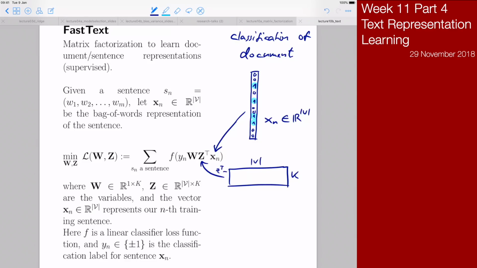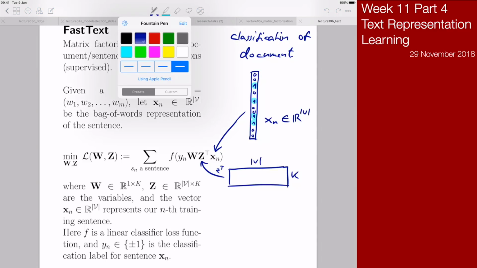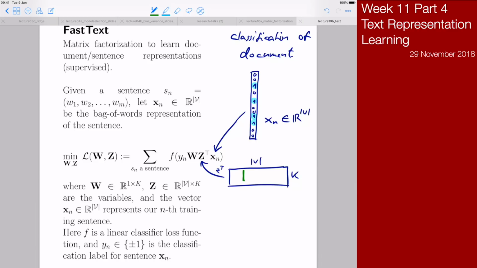So this is Z transpose. And what it does is collect the word vectors. So the 4 vectors which actually appear in my document, if I multiply them with my x, then it's just picking them up and adding them.